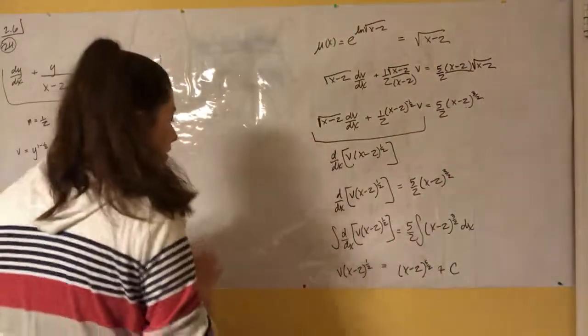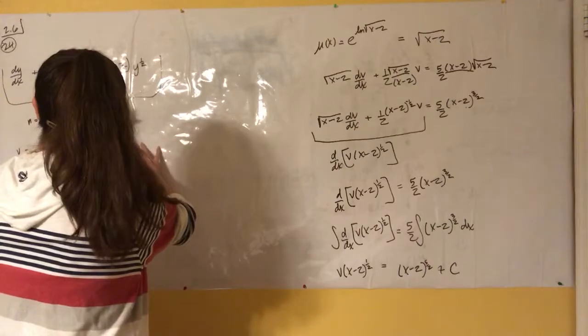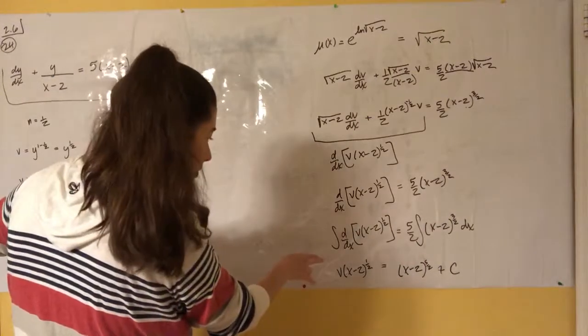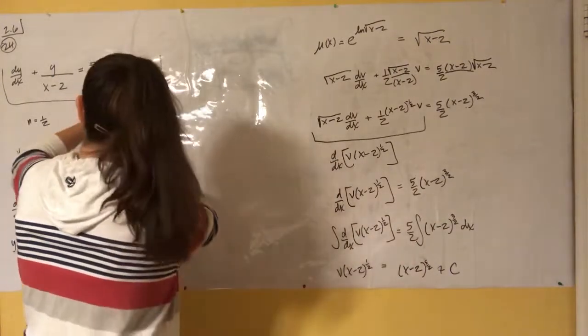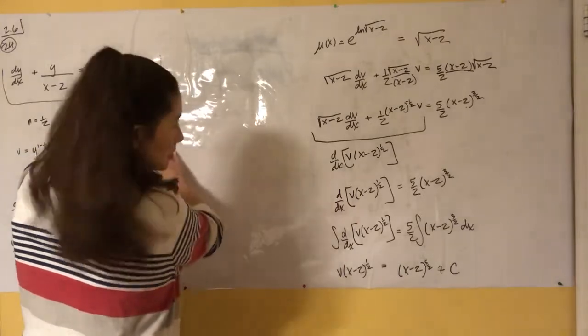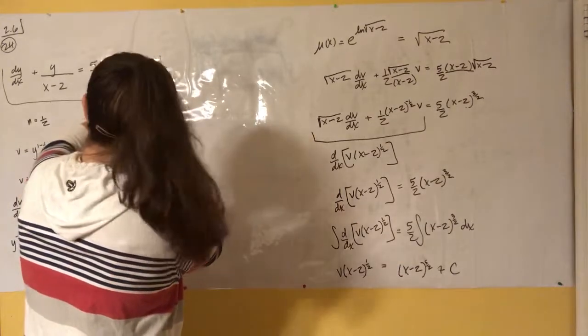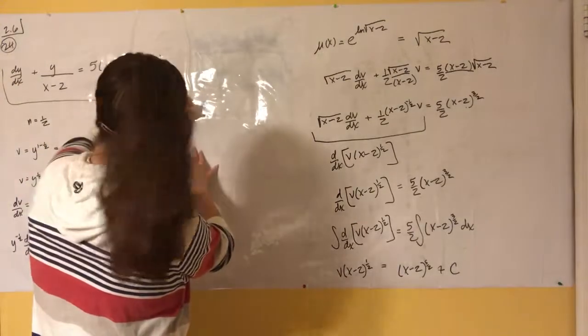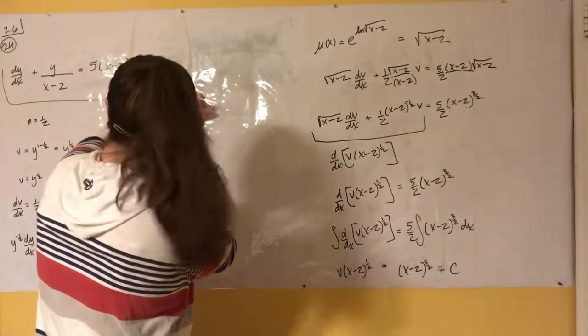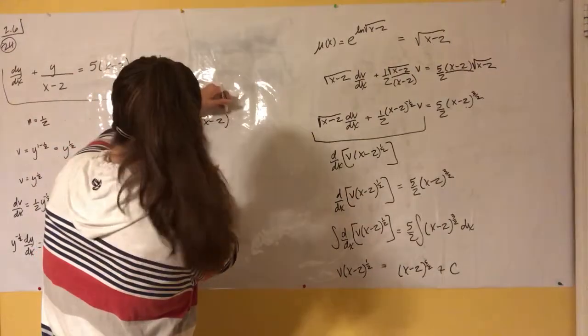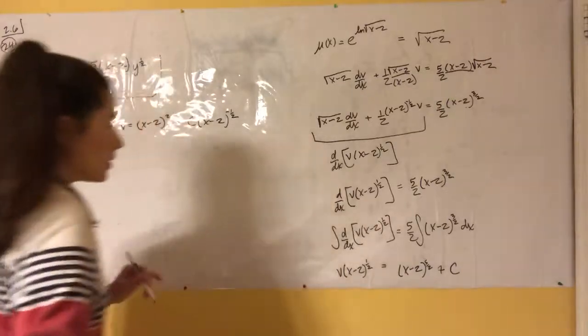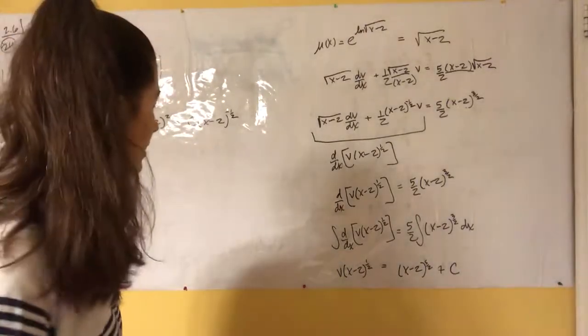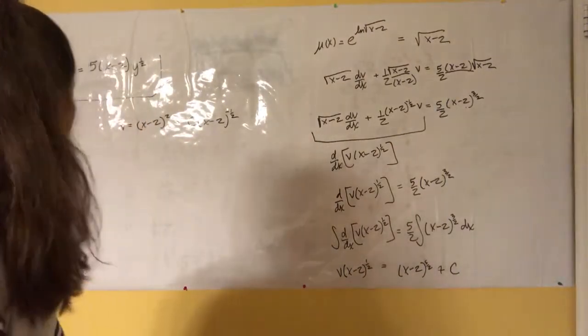Okay, so v is equal to, because you divided everything by x minus 2 to the 1/2 power.